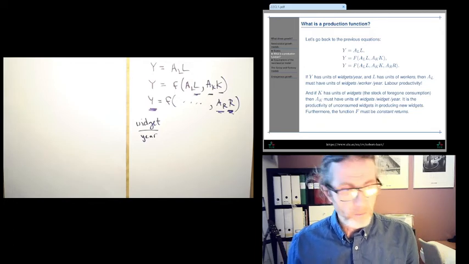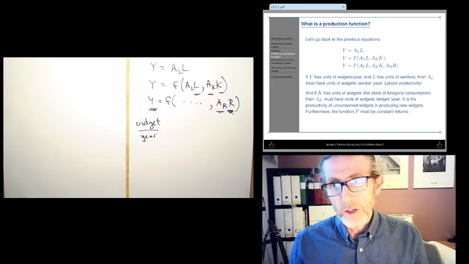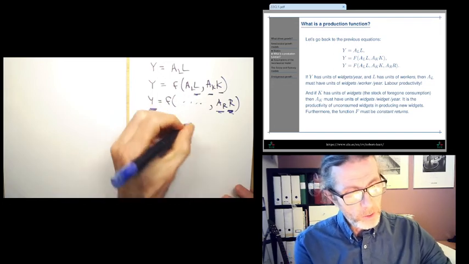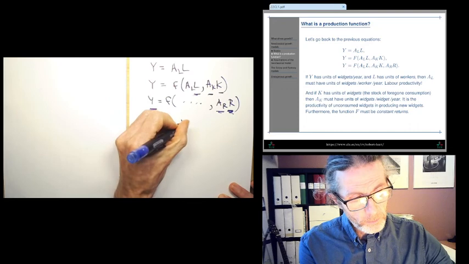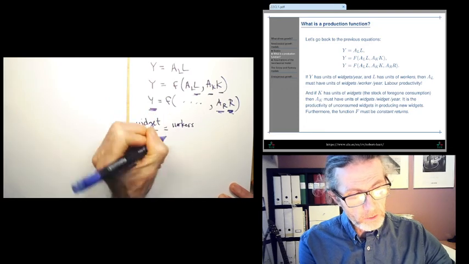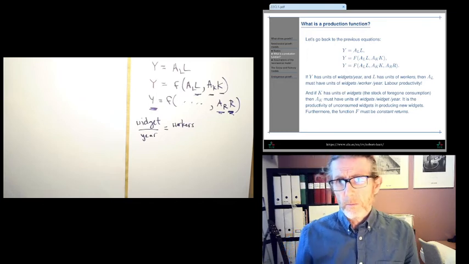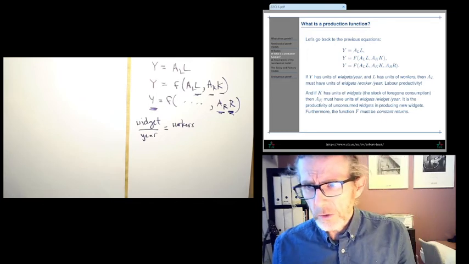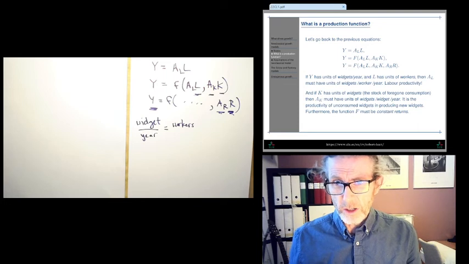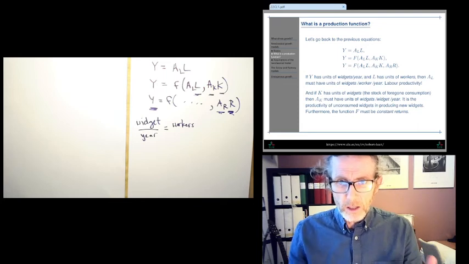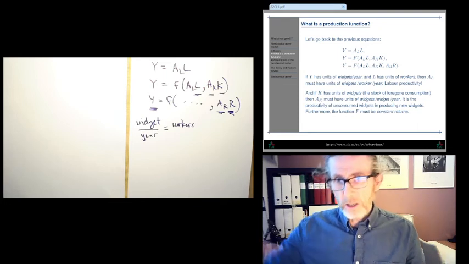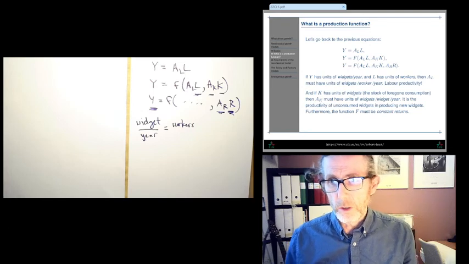Now let's assume that the units of L are just workers. That's the number of workers in our factories. We could also have defined it as worker years, but we're thinking of a worker who works for a whole year, so we'll call it workers.